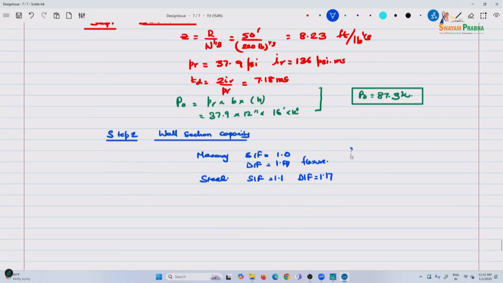So, here from FM prime dynamic is SIF multiplied by DIF multiplied by FM prime, which is 1.96 KSI, and here FY dynamic is the same thing, and that value is 77.2.